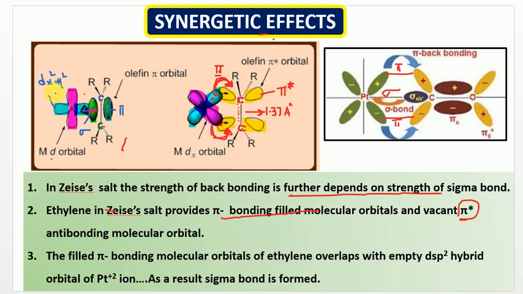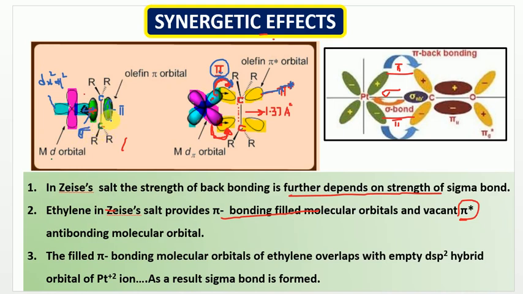At the same time, the metal is giving back electrons from a filled d orbital. These filled electrons are donated to the vacant pi star orbital of ethylene, and it forms back bonding. So here the strength of this pi bond depends upon the strength of the sigma bond.